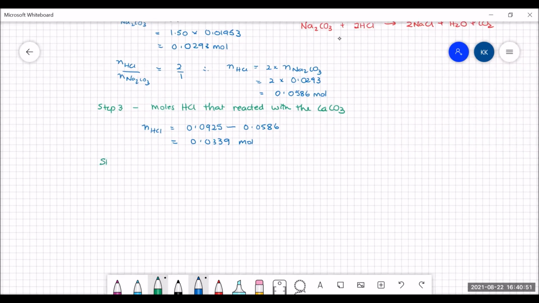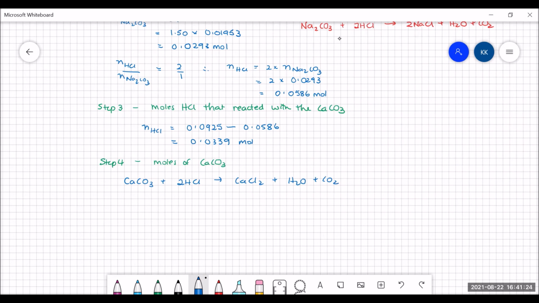Step 4, we're using a different reaction. We want to find the moles of calcium carbonate. And we're using a different reaction now. We're using the reaction of calcium carbonate with hydrochloric acid. So we're working with a different mole ratio, different reaction. It's very important to make sure you know which equation you're doing the stoichiometry with.